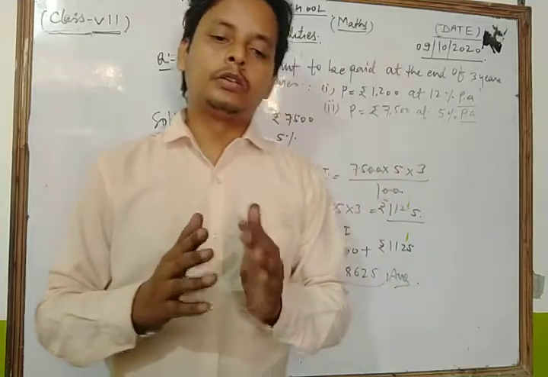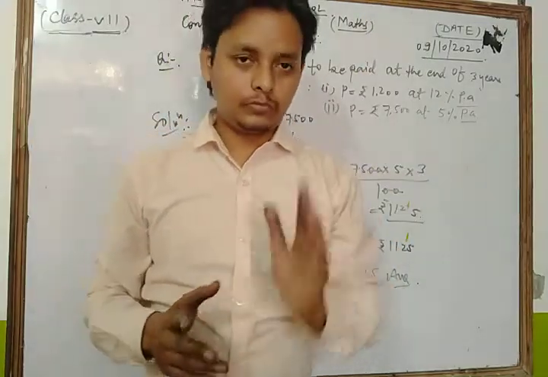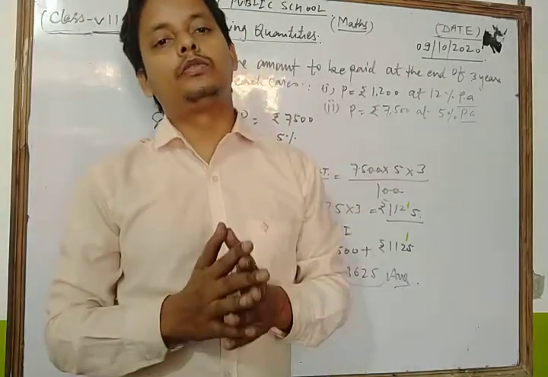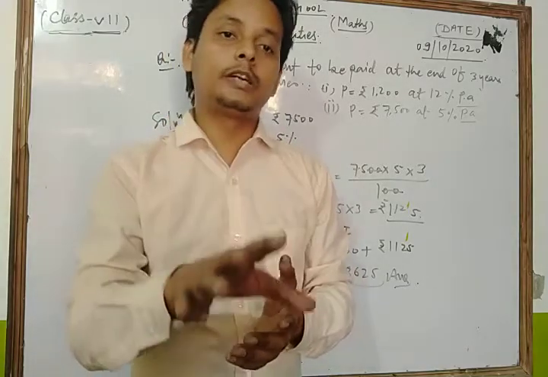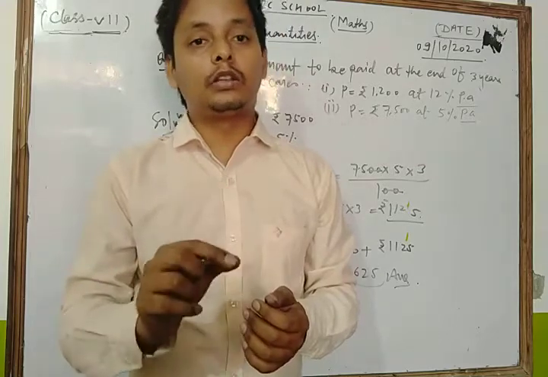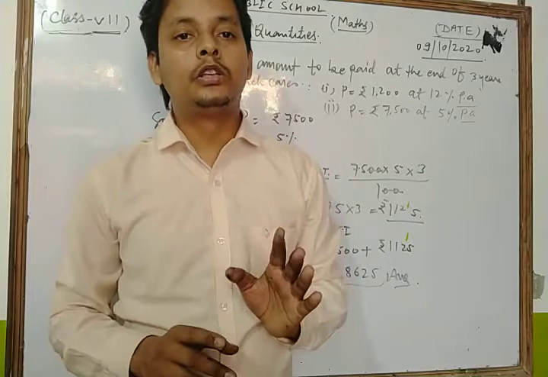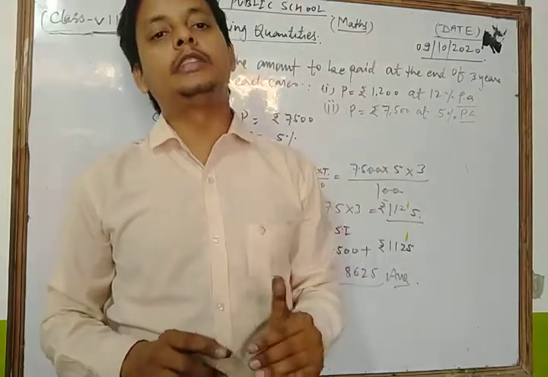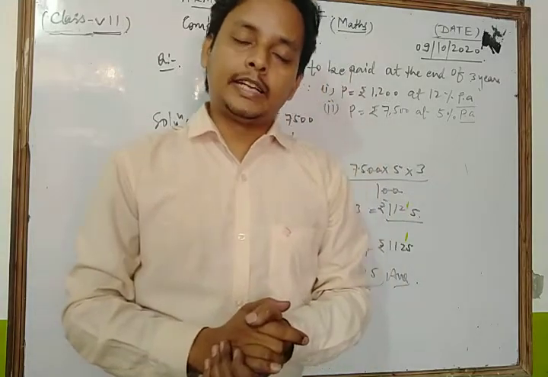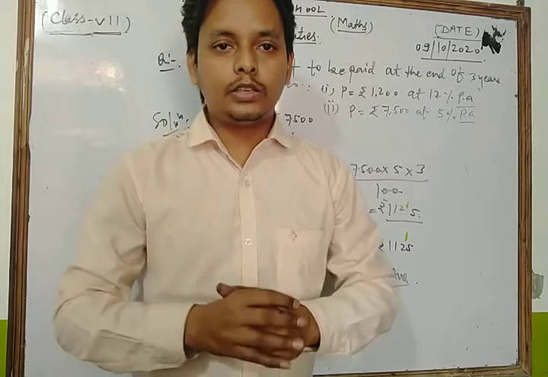Now your chapter Comparing Quantities is completed, so revise the whole chapter. Solve all the questions of your NCERT exercise based on each and every topic which we discussed in the previous class and in this class. In the next class, we will take and revise some other important chapter of your NCERT exercise. Okay dear students, thank you.